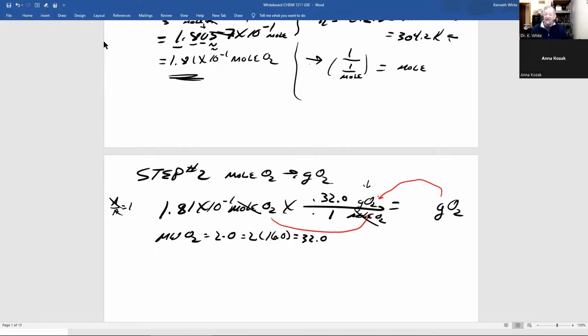So now I can take my calculator, I'll put in 1.81, second key, double E, minus 1 times 32, and my calculator gives me this answer: 5.792 grams O2.